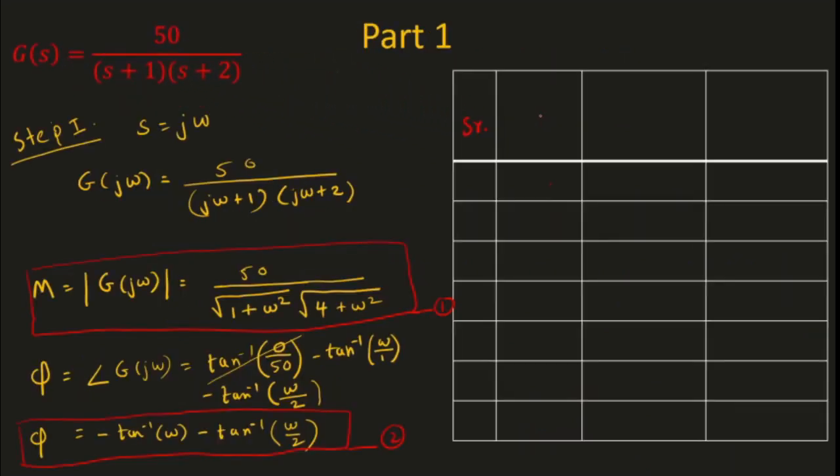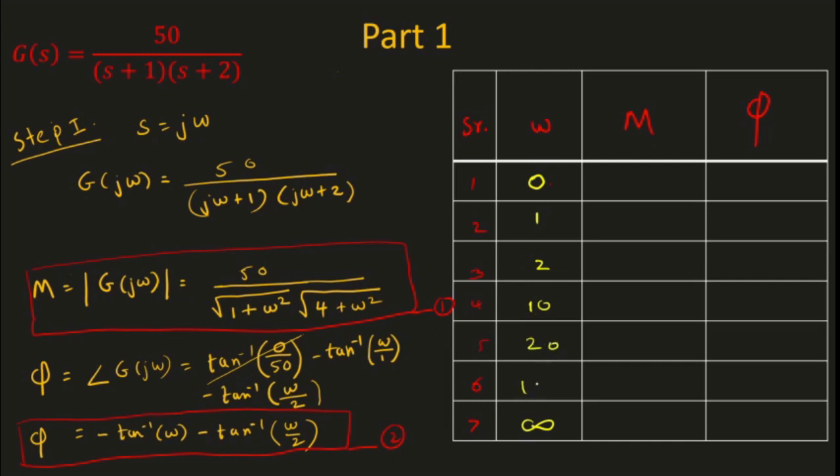So let's calculate this magnitude and phase with respect to changing omega. Let's say I want to draw 4 to 7 points, and I want to vary omega from 0 to infinity, and let's take middle values, that is 0, 1, 2, 10, 20, 100, infinity.